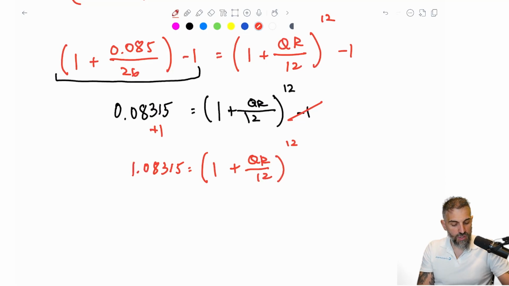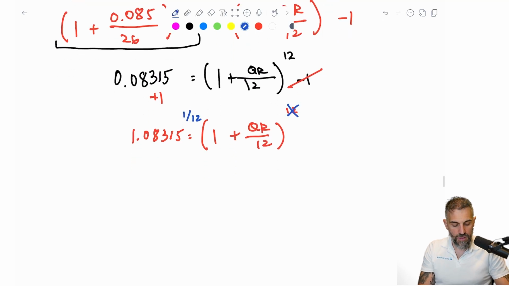To get rid of a power 12, easiest way would be just putting the other side to the power 1 over 12. That eliminates this. Okay, so now I have this, and you could subtract 1 to get rid of that. So now you have 1.08315 to the power 1 over 12 minus 1.